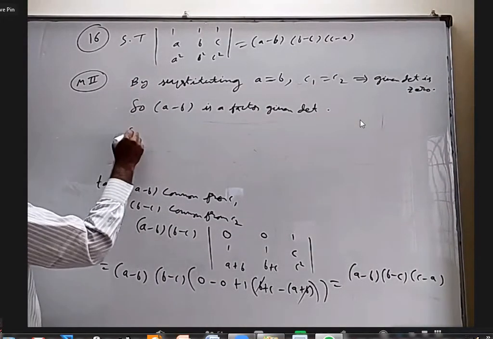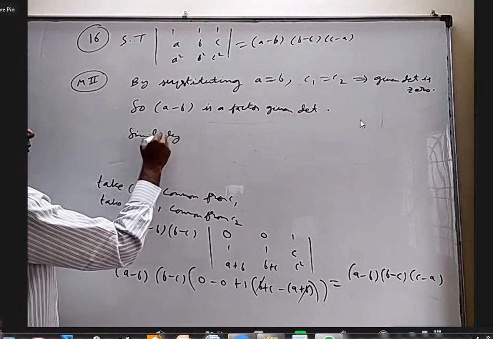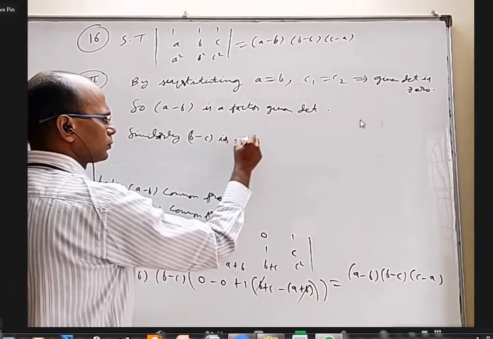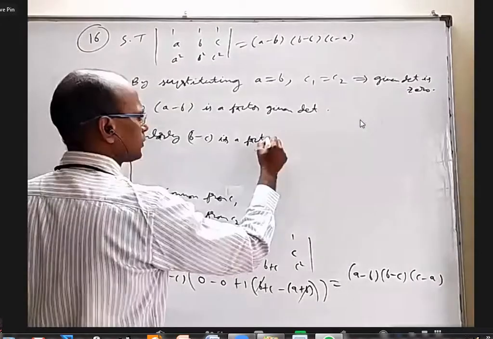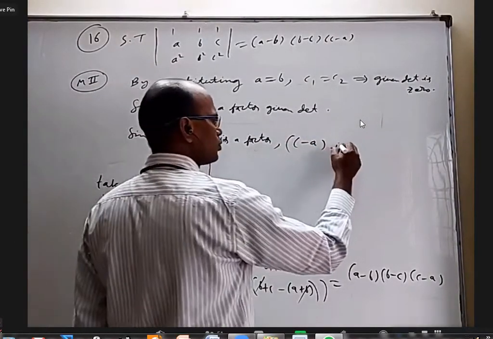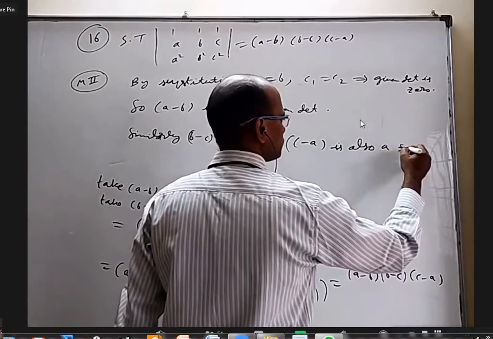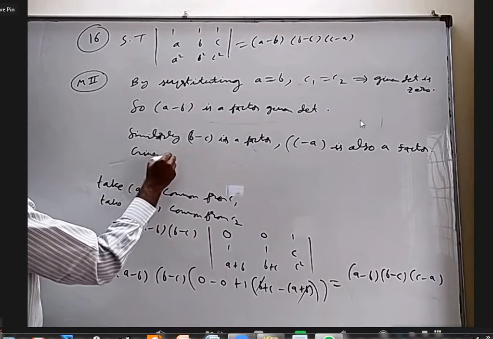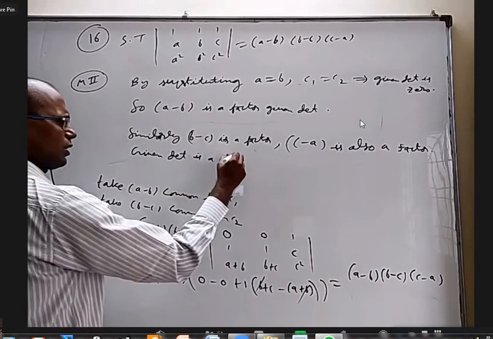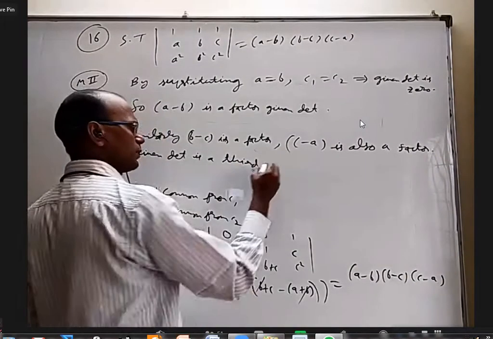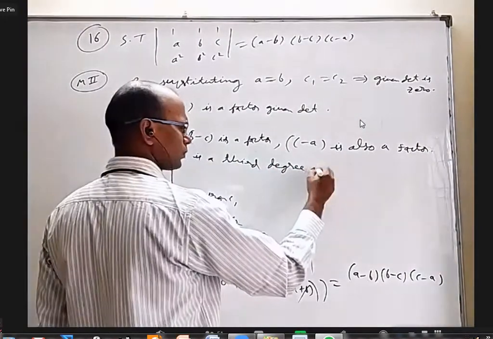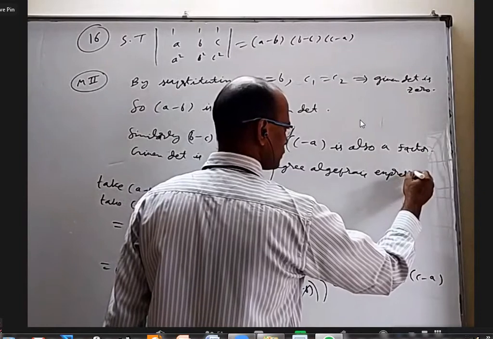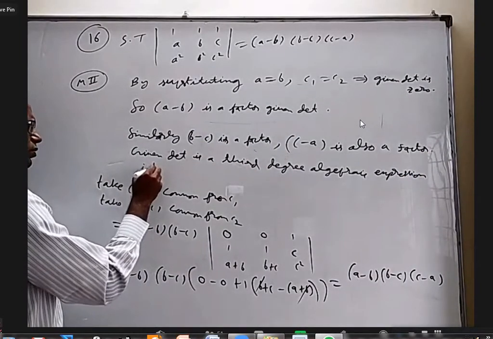Similarly, b minus c is a factor, c minus a is also a factor, and the given determinant is a third degree algebraic expression in terms of a, b, c.